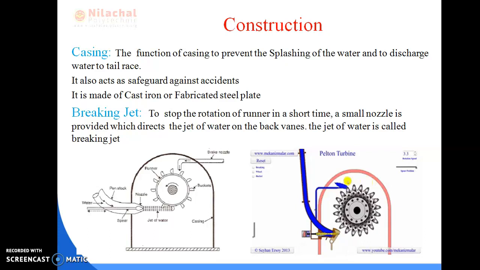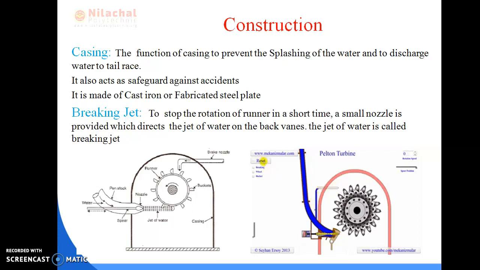At this time there is splashing of water, which may take place to the outside of the casing. So by providing a casing, the splashing of water can be decreased. Also it acts as a safeguard against accidents.